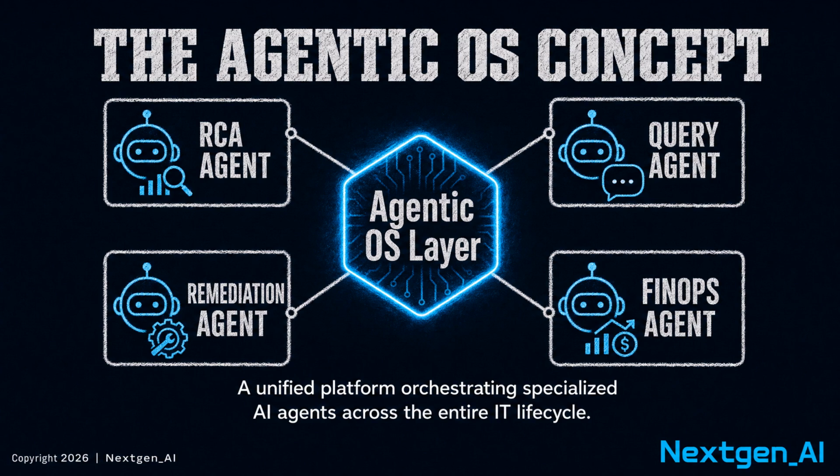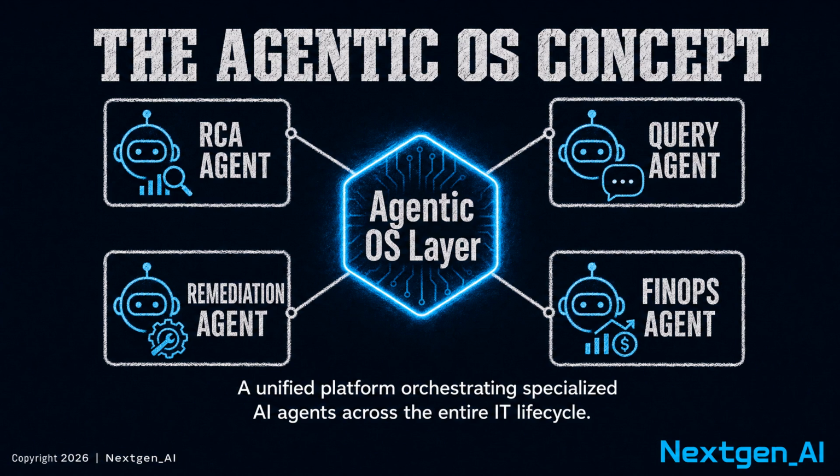Consider a complex cascading production incident. A triage agent rapidly correlates distributed metrics and log streams, pinpointing the root cause of the degradation. It then triggers a dedicated remediation agent to execute a pre-approved, validated runbook to stabilize the affected services.